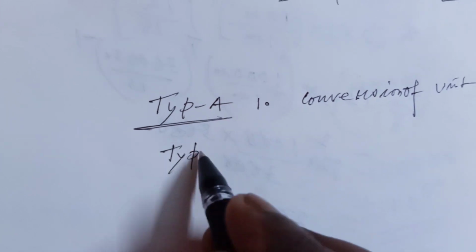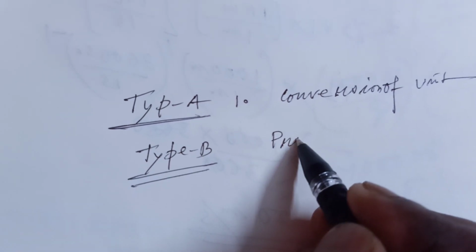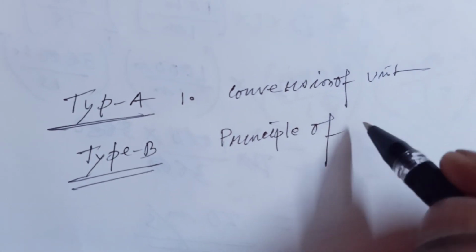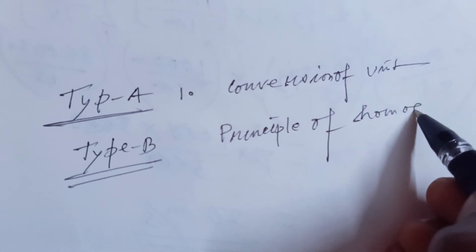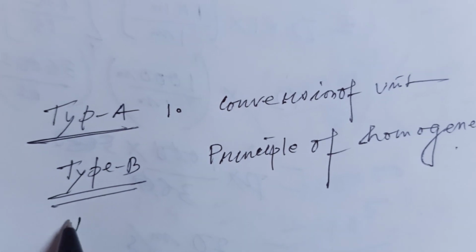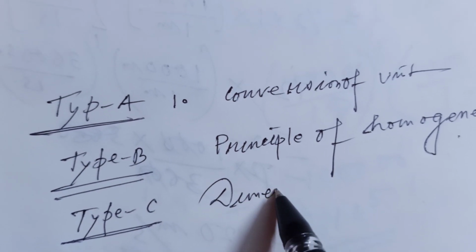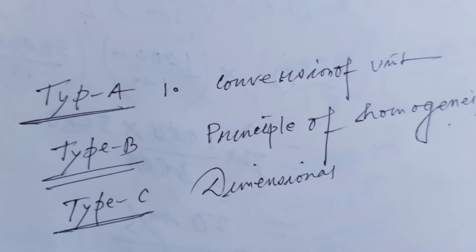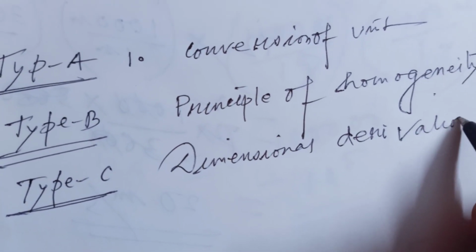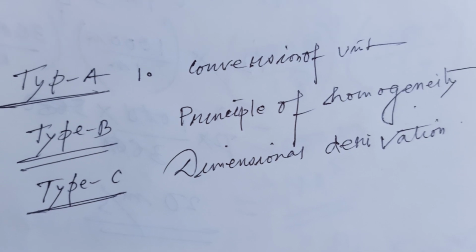Type B is checking the correctness, or principle of homogeneity. And type C is dimensional derivation.